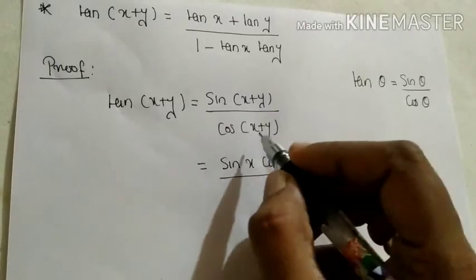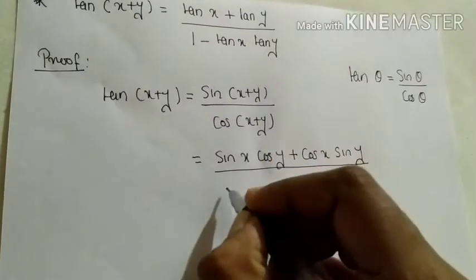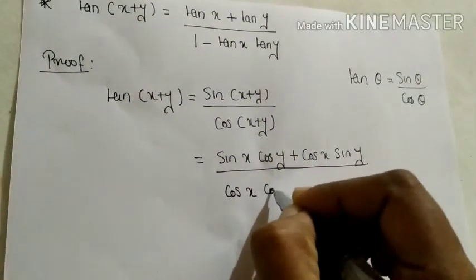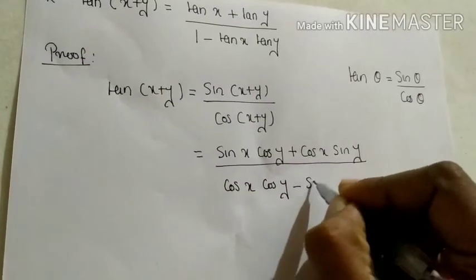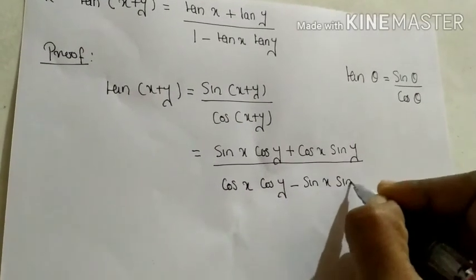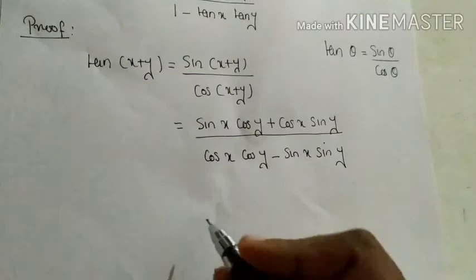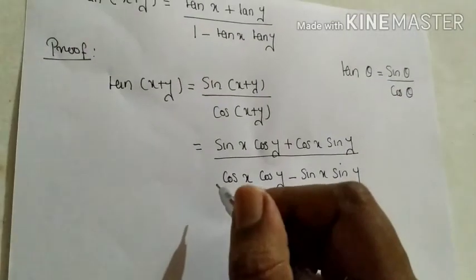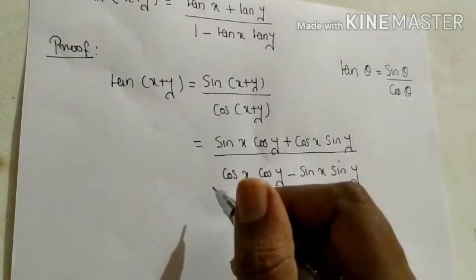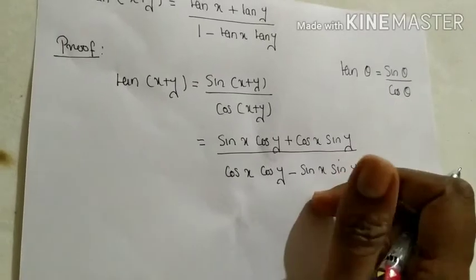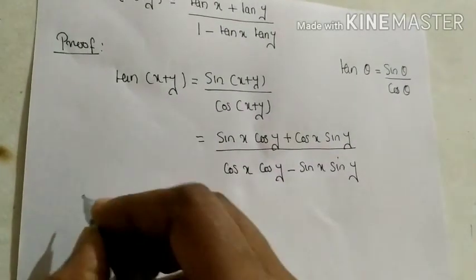The expansion of cos of x plus y is cos x cos y minus sin x sin y. Okay. Next I am going to divide numerator and denominator by cos x cos y.